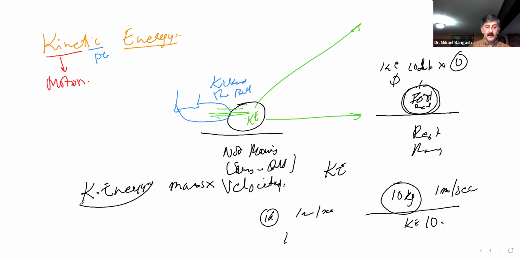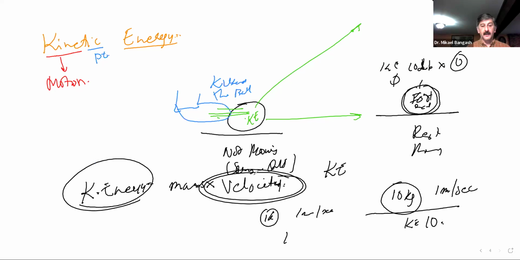So this kinetic energy here is going to be directly proportional to the velocity, which just means speed.